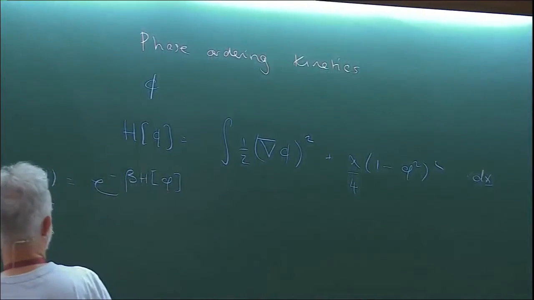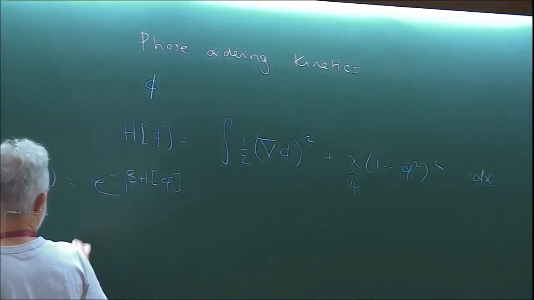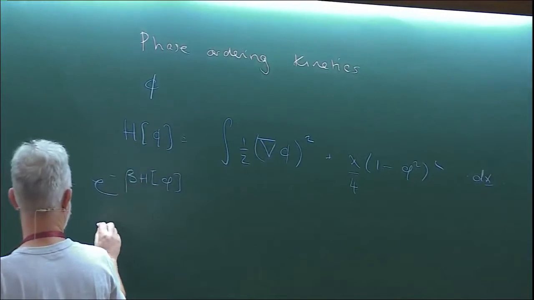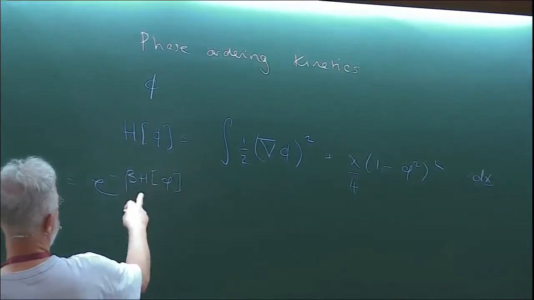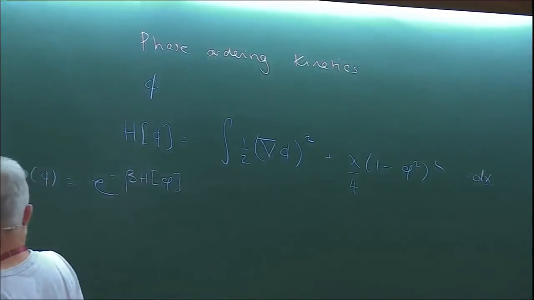In order to get this equilibrium distribution, naively you want dH by d phi to be around 0.